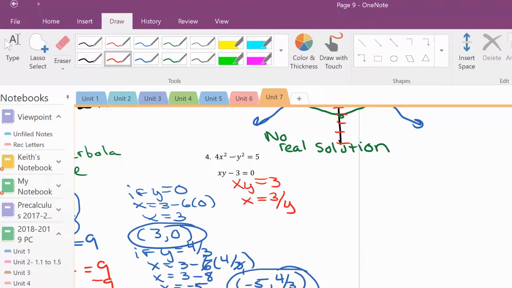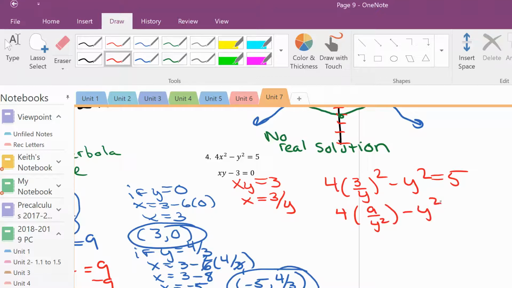So we'll put that in, so we get 4 times 3 over y squared minus y squared equals 5. So you get 4 times 9 over y squared minus y squared equals 5. 4 times 9 is 36.